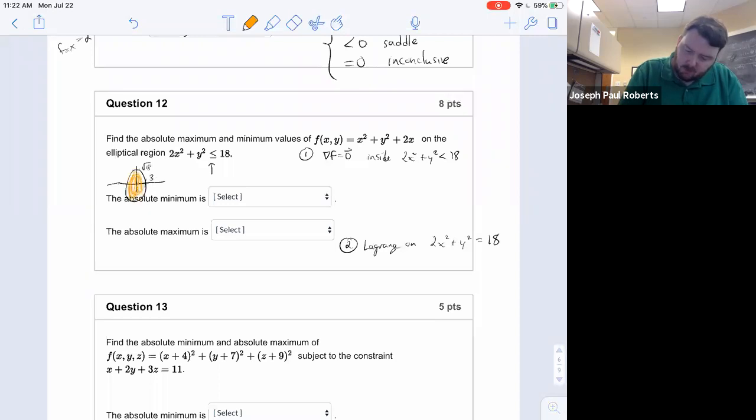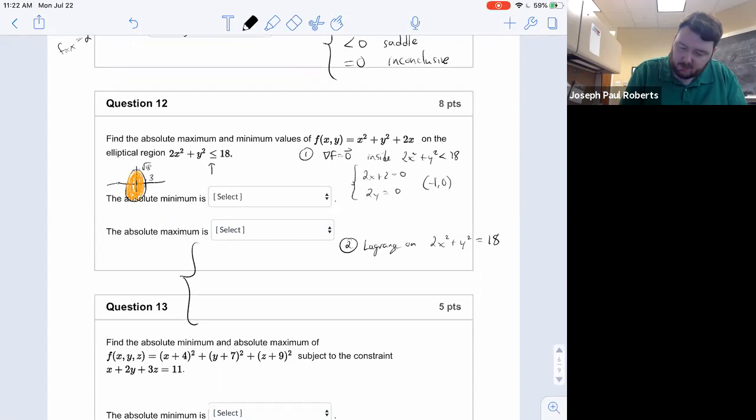But with the inequality, we're basically looking at points on or inside this ellipse. And so you're going to use Lagrange on the boundary and look for critical points on the inside. So for this part, you're looking at 2x plus 2 equals 0, 2y equals 0. So we're putting (-1, 0) on our list.